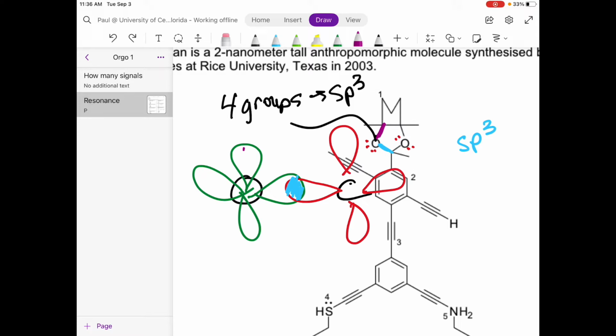So there's some overlap there with a carbon. So that's that bond right there. So where are those lone pairs on the oxygen? Those lone pairs are right there. And what type of orbitals are those that the lone pairs are in? Those are sp3 hybridized orbitals.